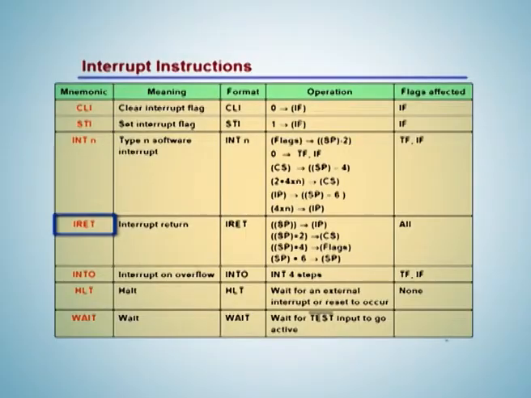These values are loaded into IP and CS respectively, so that the program control is transferred to these locations. An interrupt return instruction must be written at the end of each interrupt service routine, and the job of the interrupt return is to return to the main program after servicing the interrupt service routine.